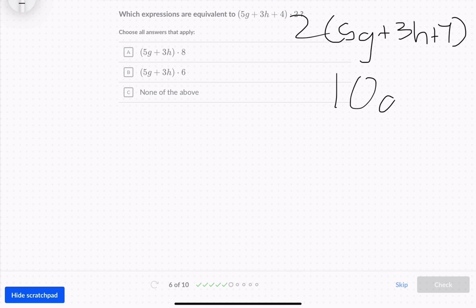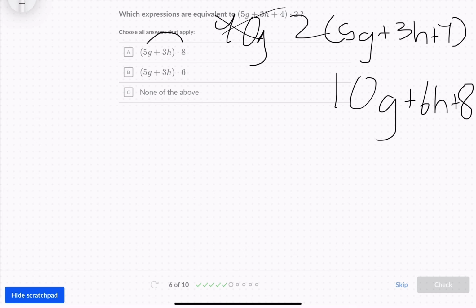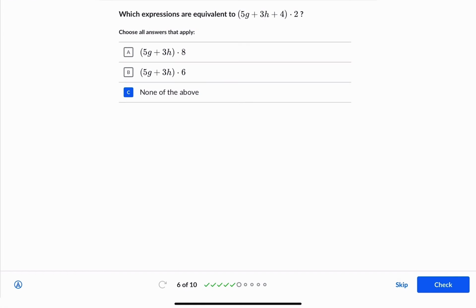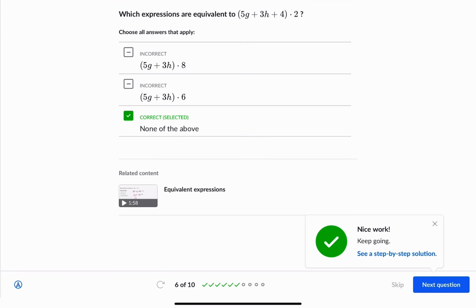So it's 10g plus 6h plus 8. As you can see, if we multiply 8 by 5g, that's 40g. And if we multiply 6 by 5g, that's 30g. And that's nowhere close to what we need, so it's just C.